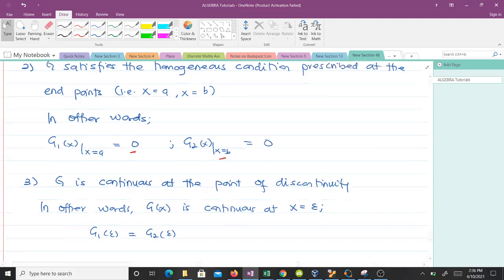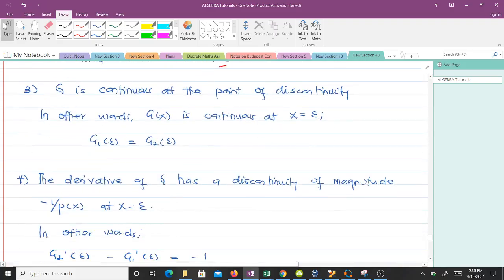The third property says that g is continuous at the point of discontinuity. In other words, g of x is continuous at x equals epsilon, so g1 of epsilon is equal to g2 of epsilon. The fourth property says that the derivative of g has a discontinuity of magnitude negative 1 over p of x at x equals epsilon.